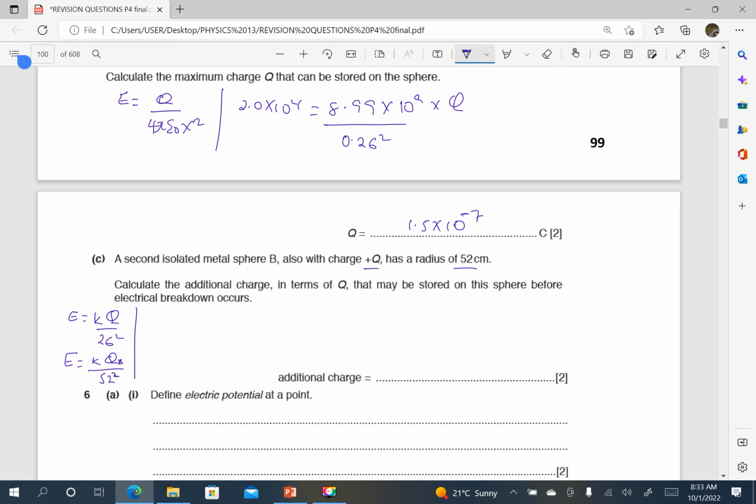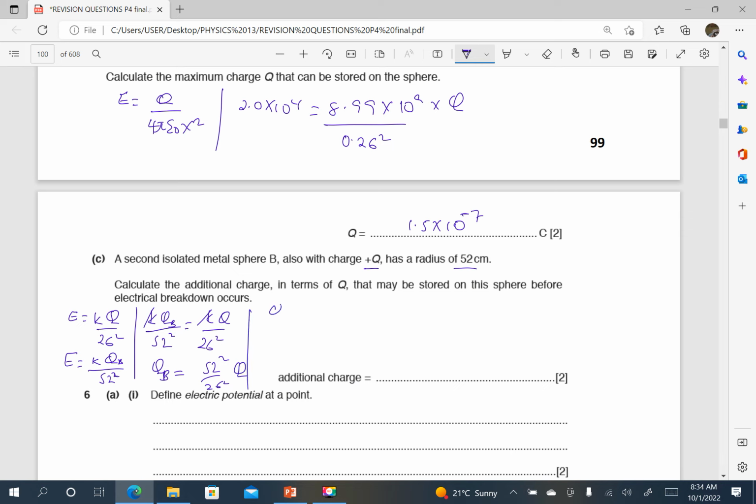So I'm just going to divide these equations, or I'm going to equate them. So K QB over 52 squared is equal to KQ divided by 26 squared. So K cancels. So QB is going to be 52 squared divided by 26 squared times Q, the initial value of Q that we had.